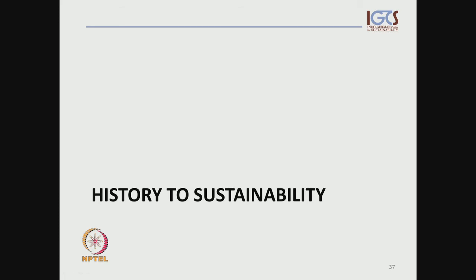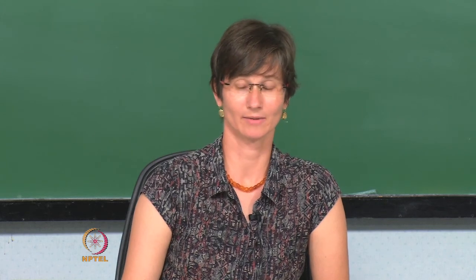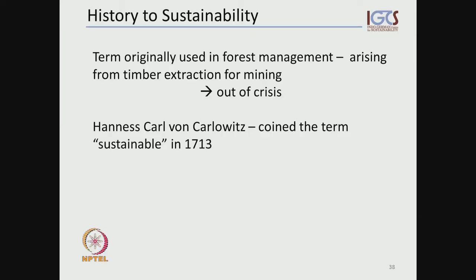Now let's go back to the history of sustainability. Where does it come from? Why did we end up on such a course, and why do we talk about sustainability? The term originated in Europe, actually in forest management, because at the time mining was taking up almost all timber, all the forests were gone, which created a crisis situation.